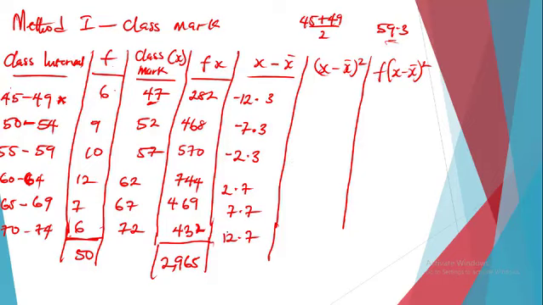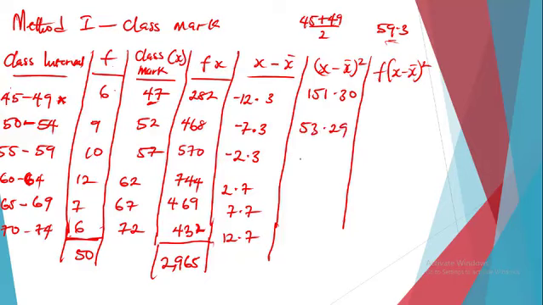We have x minus x bar squared. That is the square of these ones. So we have minus 12.3 raised to power 2. Minus 12.3 times minus 12.3, and that will give us 151.30. Okay, minus 7.3 squared will give us 53.29.